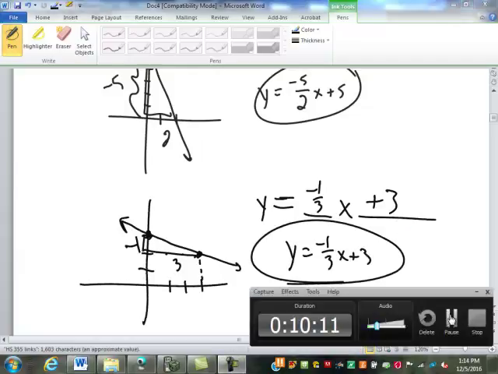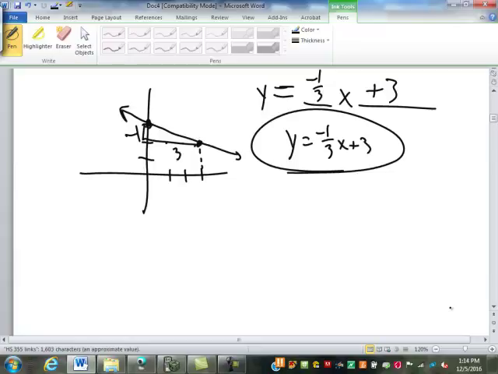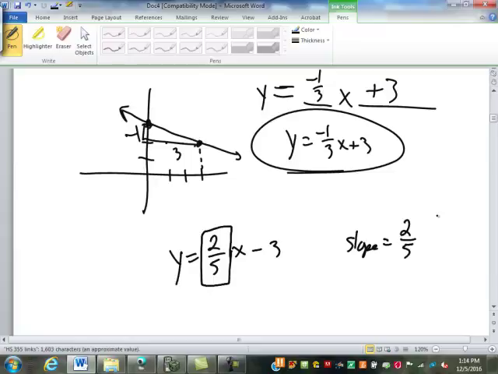Good stuff. I asked you what the slope of that is. What is it? The number that multiplies the x is the slope. 2/5. Up 2/5. Right?